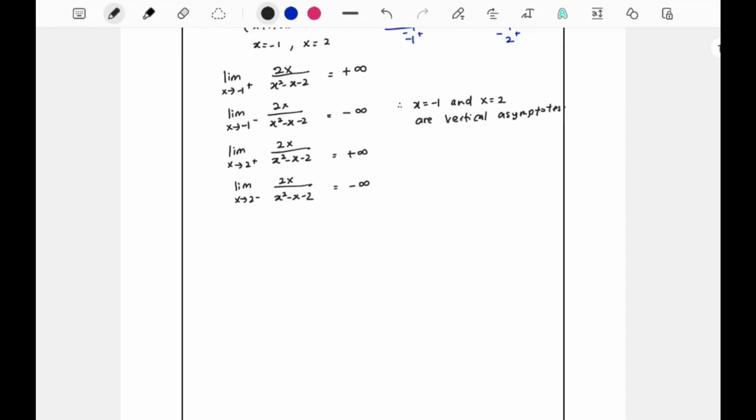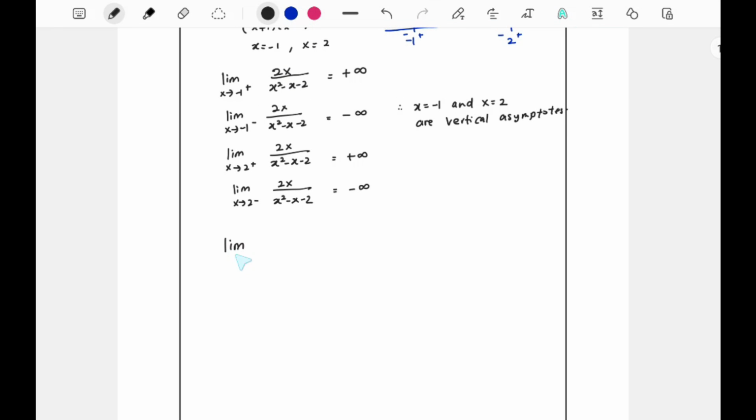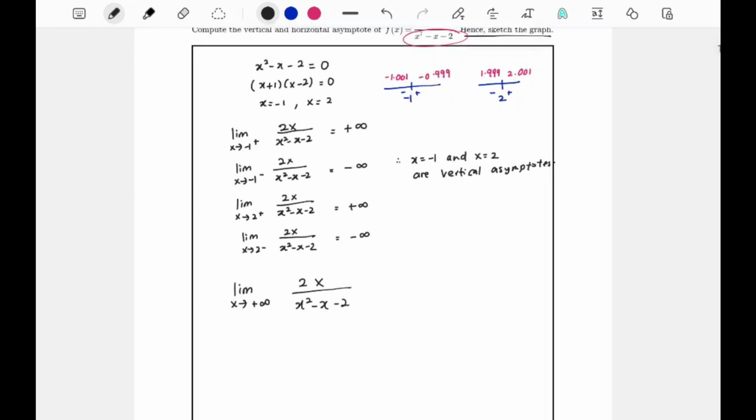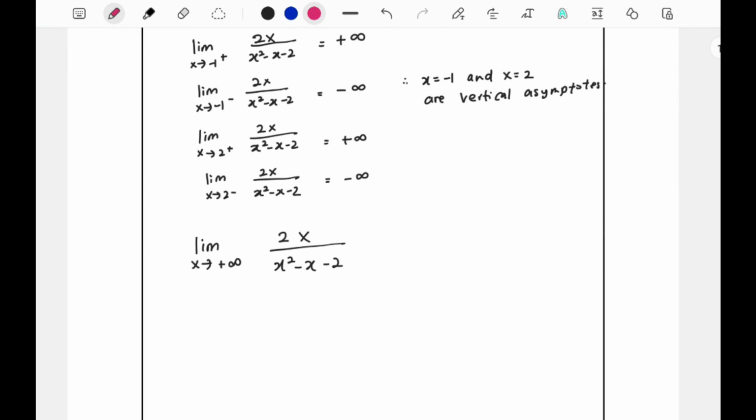For the horizontal asymptote, what you need to do is approach the function to positive infinity and negative infinity. When you substitute infinity for the numerator and denominator, you're going to get infinity over infinity.